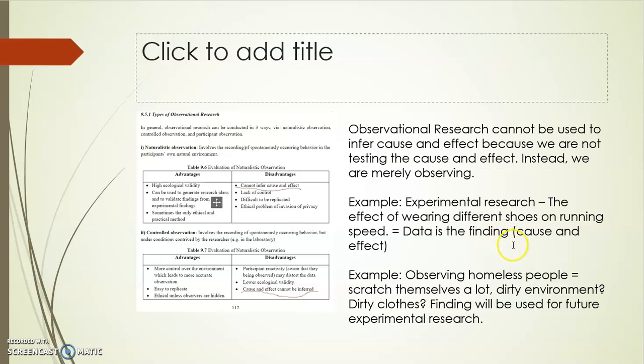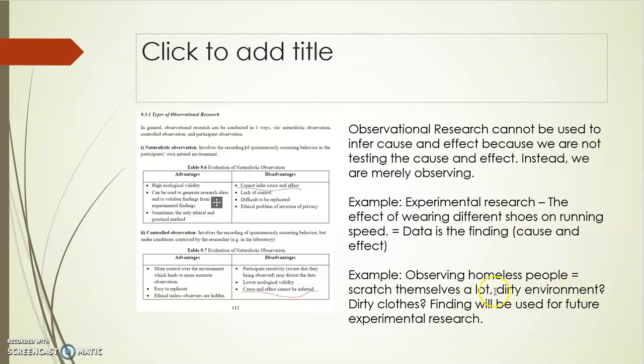Now, an example of an observational research would be to observe homeless people in terms of them scratching themselves. Why do they scratch themselves? Is it because they live in a dirty environment, or is it because they are wearing dirty clothes? These are probable variables that can be experimented on.